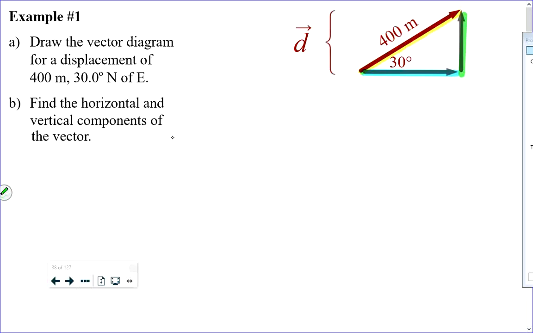So find the horizontal and vertical components. Everybody, this is a trigonometry problem. Here is an interesting note, though, that if you draw your horizontal first, which I've been trying to get you to do, your horizontal, which is x on the diagram, will always be adjacent to the angle.